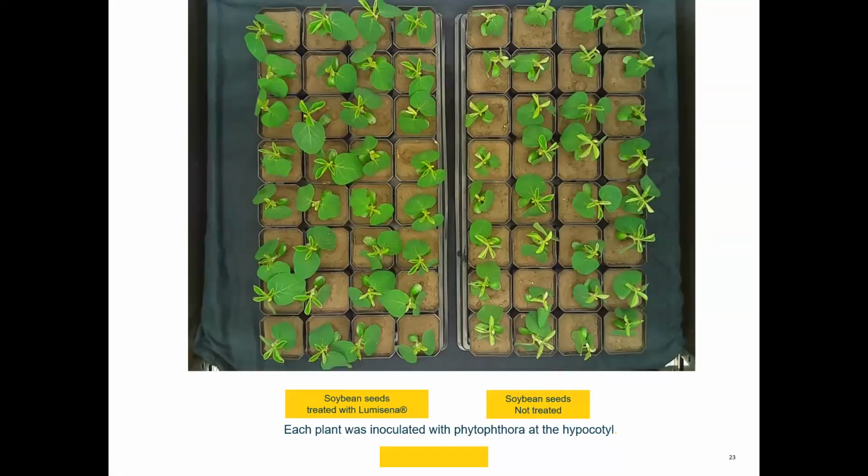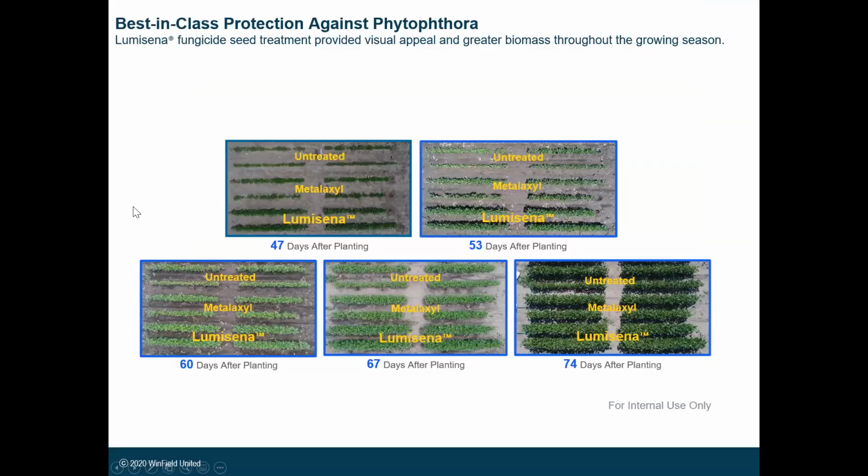The non-treated soybeans in this inoculated Phytophthora trial, most of them end up dying by the end, whereas this Lumisena works really, really well. Okay, and here's just some trials. This is a Corteva product, and so you can see some of the effects that this Lumisena has. Very effective against Phytophthora in particular.